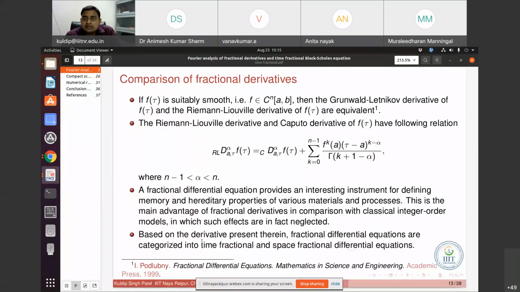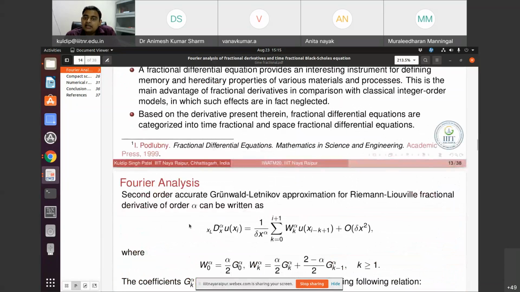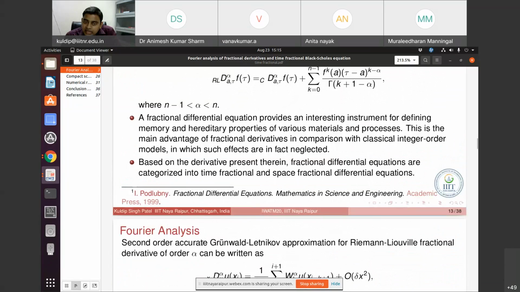One more thing that I emphasized in my previous lecture is that the compact scheme has some Fourier analysis properties which are very helpful for convection dominated PDEs. A lot of work has to be done in this direction. This was the first work in fractional calculus, I am pretty sure, that I did with Professor Mani Mehra in my PhD: we carried out the Fourier analysis for fractional derivatives.